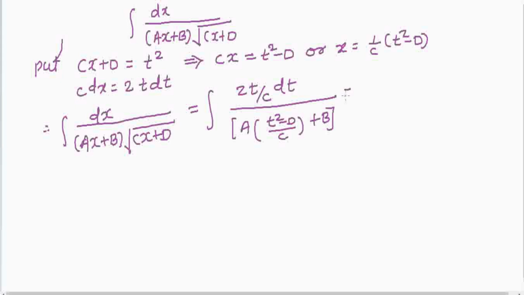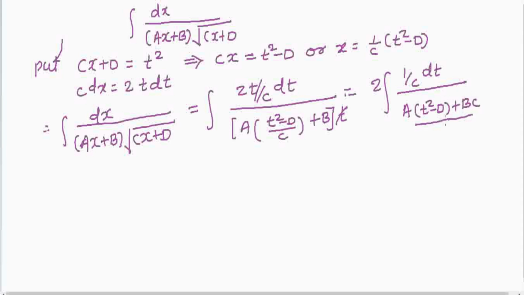We have substituted under root of cx plus d, and this gives me t. So this t and this t will get cancelled, and we have 2 into integration of 1 divided by c into dt, divided by a into t square minus d plus bc divided by c.